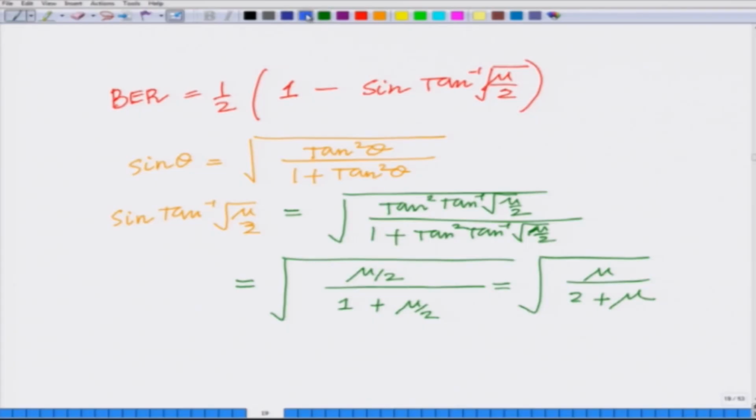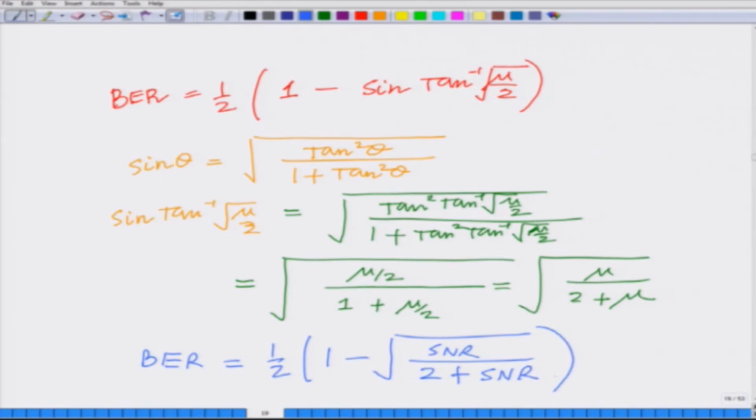Therefore, substituting back mu is equal to SNR, I get the bit error rate equals half times 1 minus square root of SNR divided by 2 plus SNR. And if you remember, this is the exact expression that we had previously.